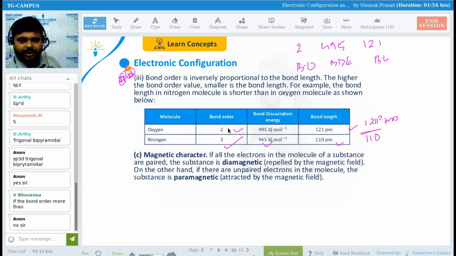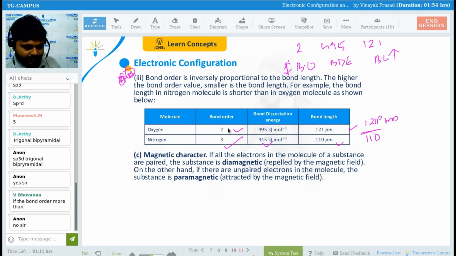If bond order is more, then larger will be the bond energy. If bond order is lesser, lesser will be the bond dissociation energy. If bond order is lesser, higher will be the bond length. Getting my point? If this is lesser, then this will be higher.